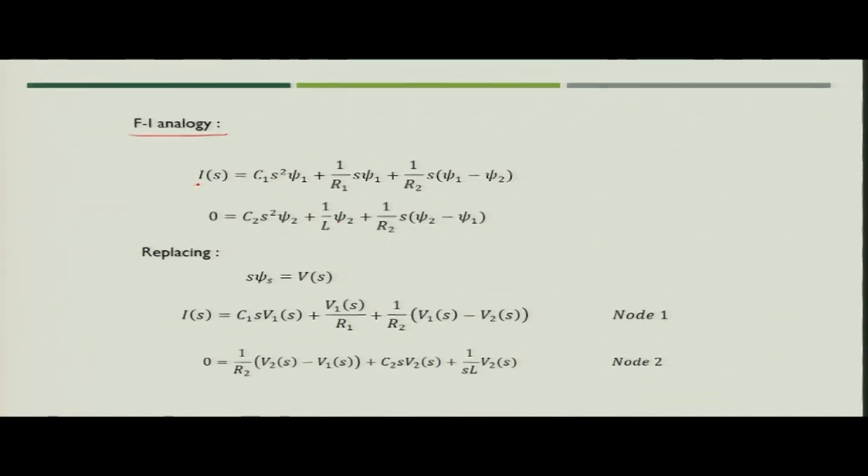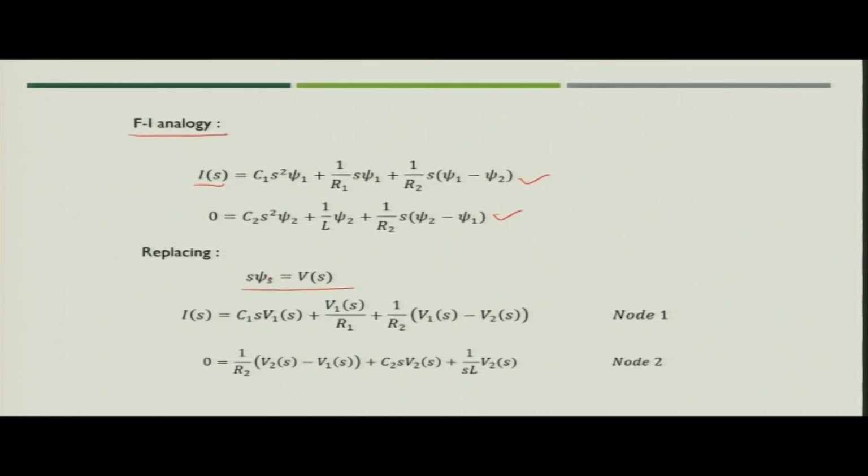Then we can write Is is equal to C1 S square psi 1 plus 1 by R1 S psi 1 plus 1 by R2 S (psi 1 minus psi 2). Then 0 equal to C2 S square psi 2 plus 1 by L psi 2 plus 1 by R2 S (psi 2 minus psi 1). So, you have now got the two analogous equations related to the mechanical system.